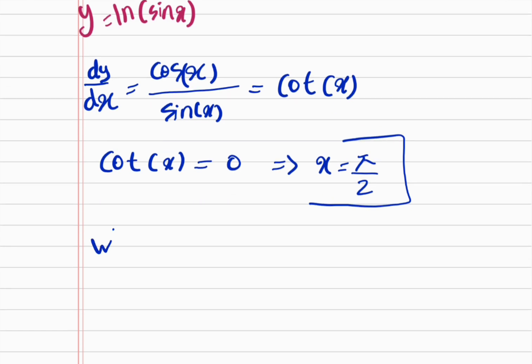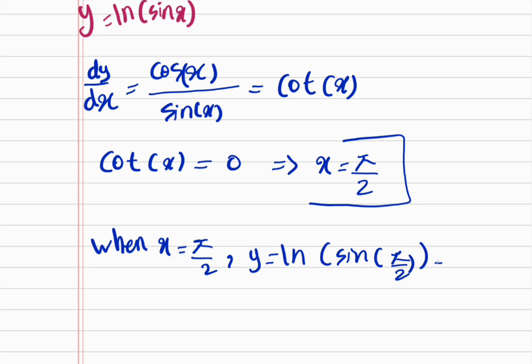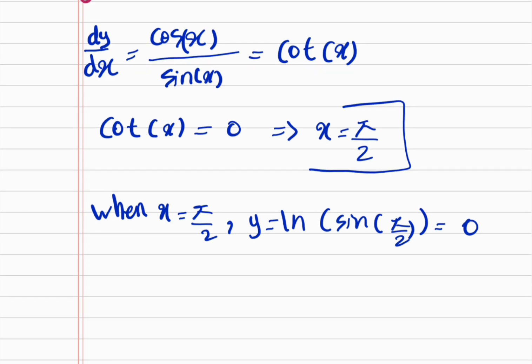So when x is pi over 2, then y is equal to ln of sine of pi over 2, and that's just equal to 0 because sine of pi over 2 is 1 and ln of 1 is 0. Okay, so the stationary point has the coordinates of pi over 2 and 0.